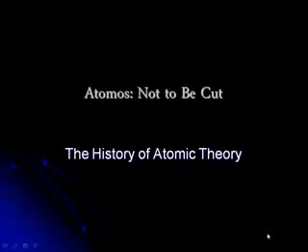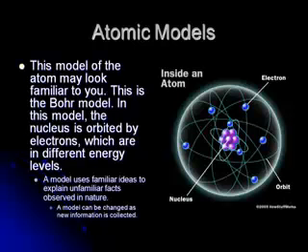This discussion is going to focus on the development of the model of the atom. In this slide, we see a picture of the model of the atom that you're probably the most familiar with, where you have protons and neutrons in the nucleus, which is at the center of the atom, and then electrons orbiting around the outside.